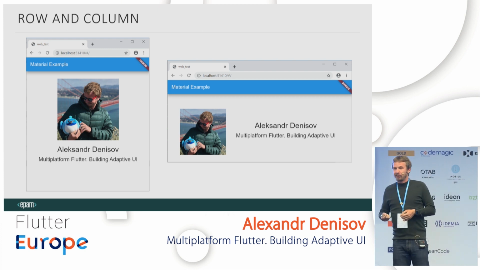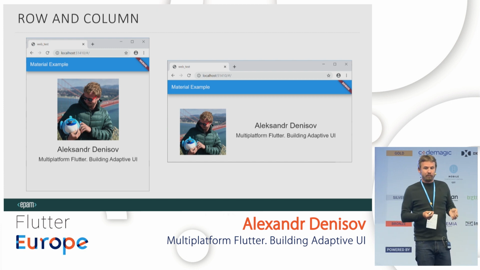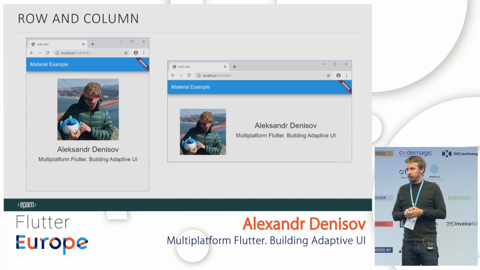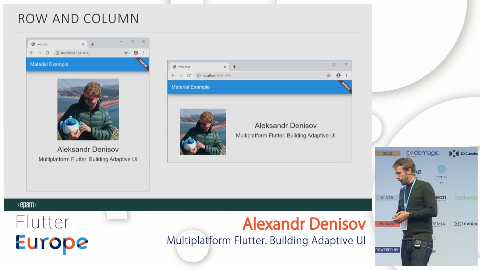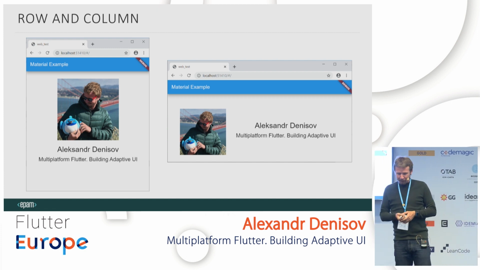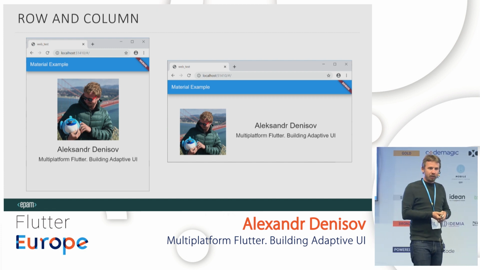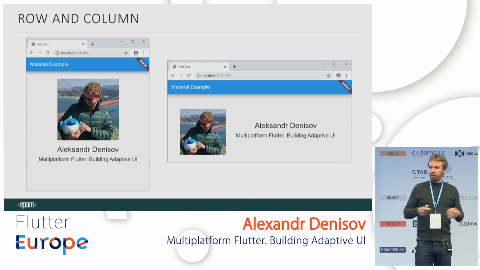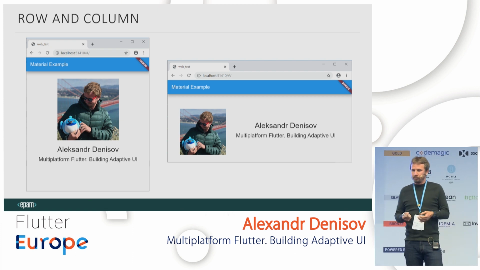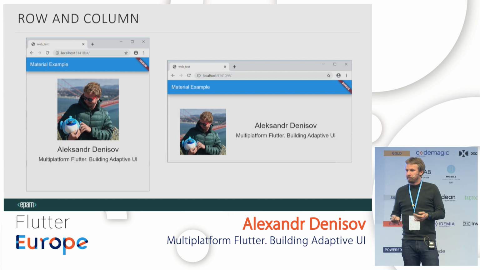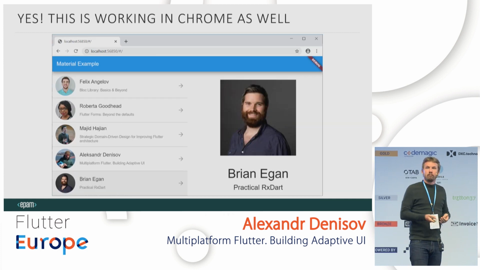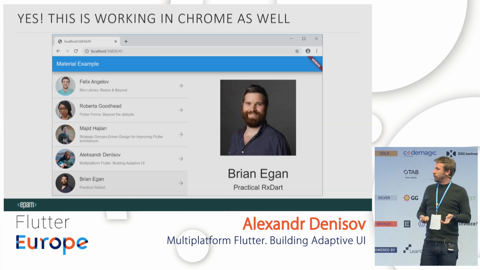OrientationBuilder just compares the width and height of the screen and gets the current orientation this way. It means when we change the size of the browser, we can change orientation, for example, if width becomes more than height. And as you can see, this application works fine in the browser.